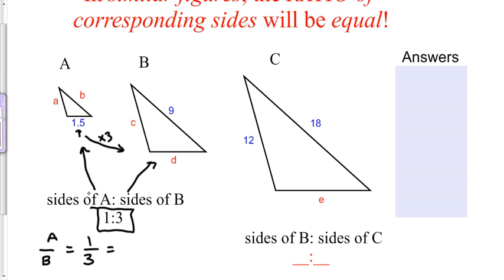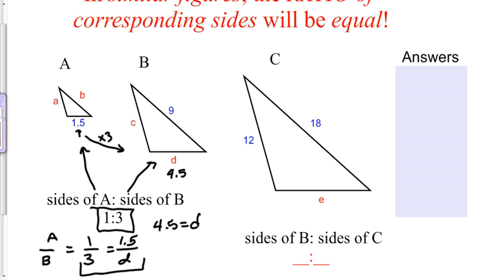So anytime I take a side on A, 1.5, and compare it to its matching side on figure B, which in this case is labeled D, I can solve this proportion to figure out the value of D. So I'm going to take 3 times 1.5, doing this cross product idea. 3 times 1.5 is 4.5, and multiplying the other way, I get 1D. So D is 4.5. And notice that is 3 times 1.5.